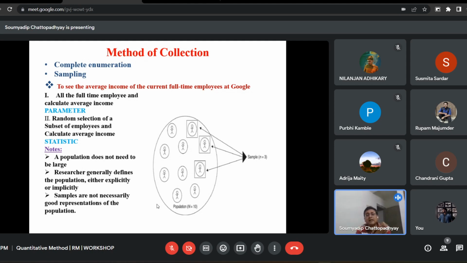So if you want a very good idea about the population parameters with the help of sample statistics, then this process will be beneficial if your samples are good representations of the population. But if you define your sample explicitly in the way of the example I just discussed, then the samples may not necessarily be a good representation of the population.